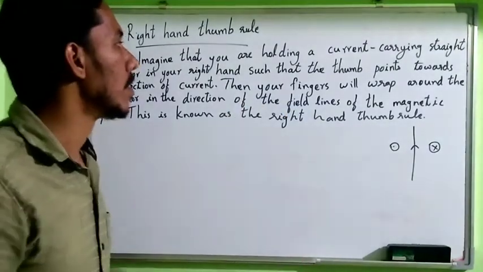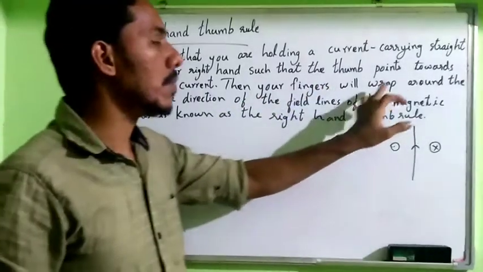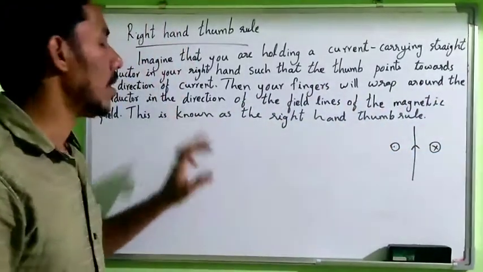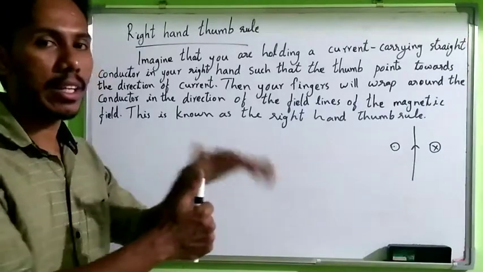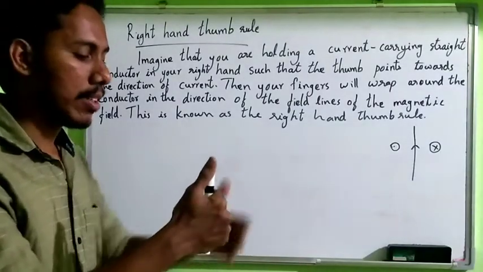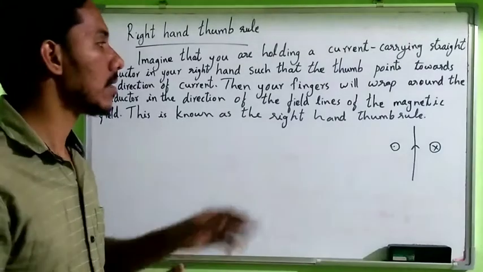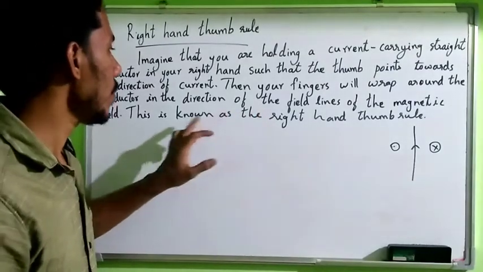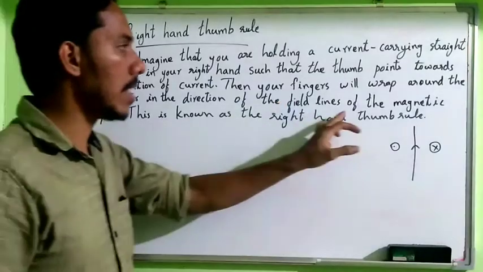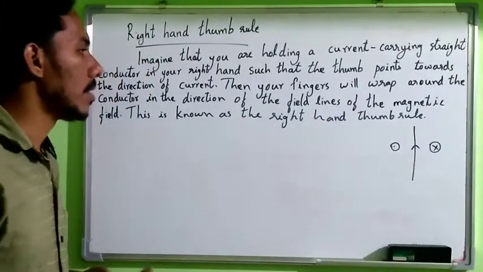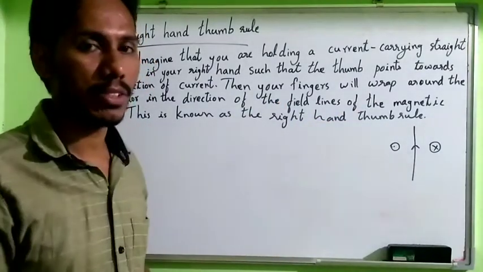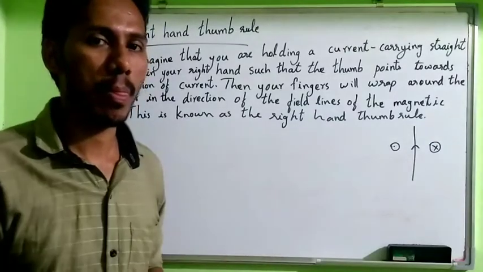Then your fingers will wrap around in the direction of the magnetic field lines. This figure gives the direction of the magnetic field lines. This is known as Fleming's right hand rule.